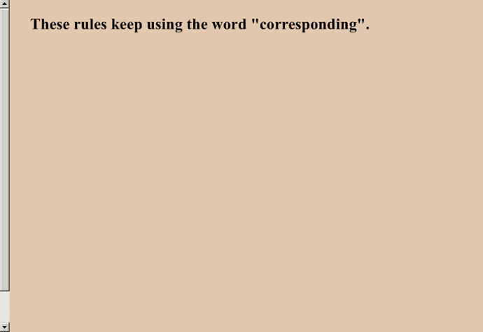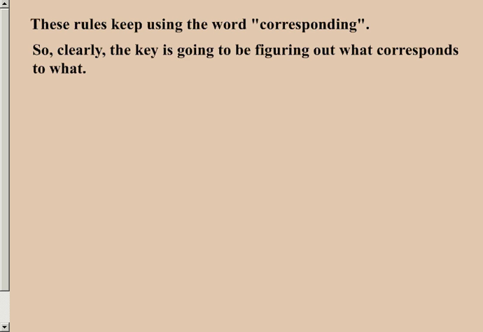Now, both of those rules, both of those goals that we looked at right there kept using the word corresponding. We have heard the word corresponding this year before when we were talking about parallel lines and more particularly transversals. As we're going to see, the word corresponding meant one thing for transversals. It's going to mean something different when it comes down to talking about polygons.